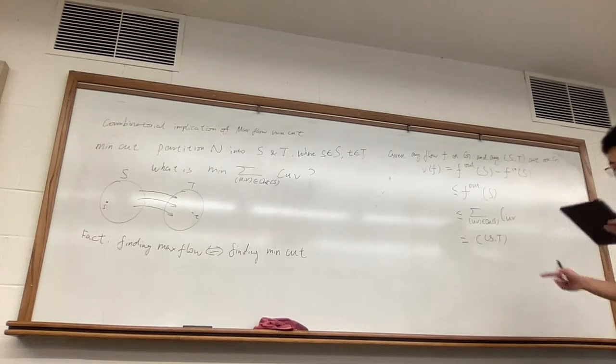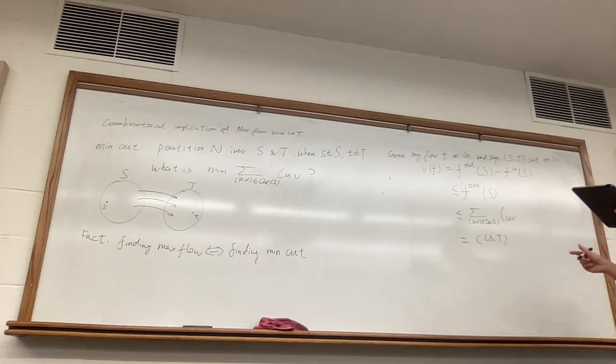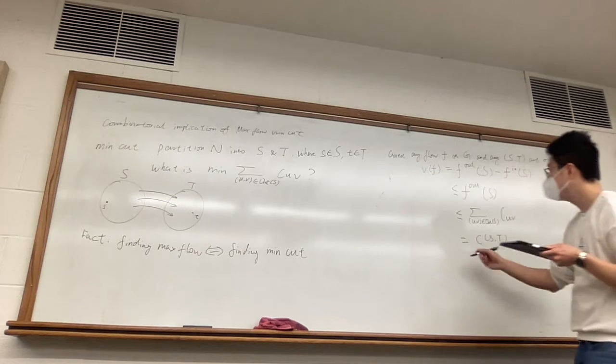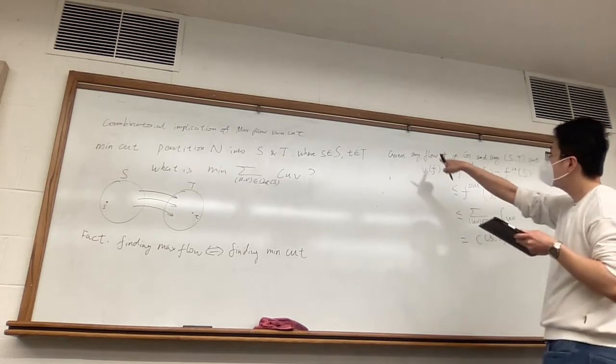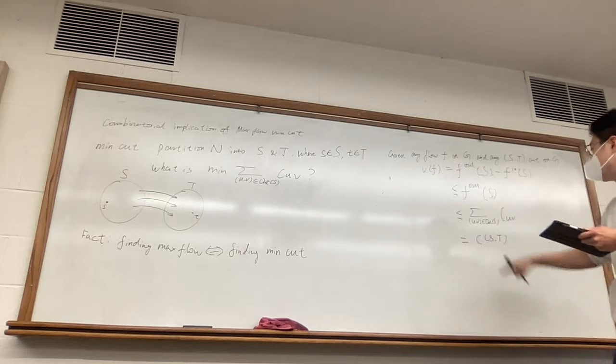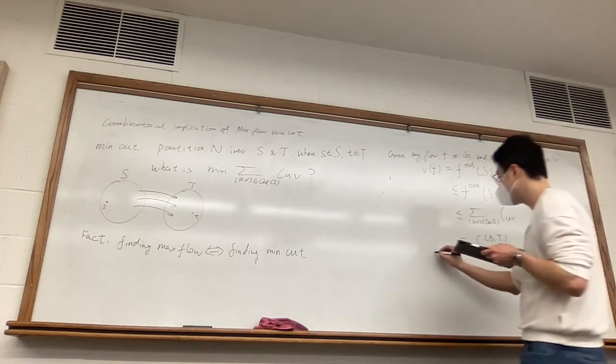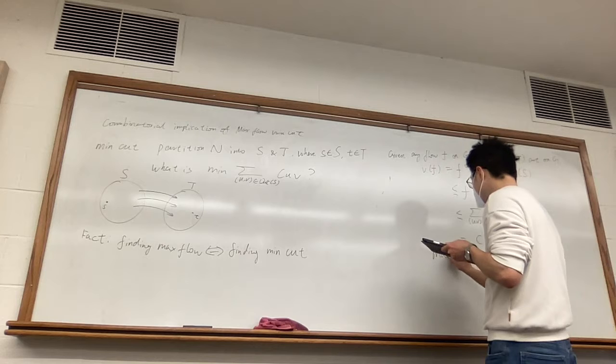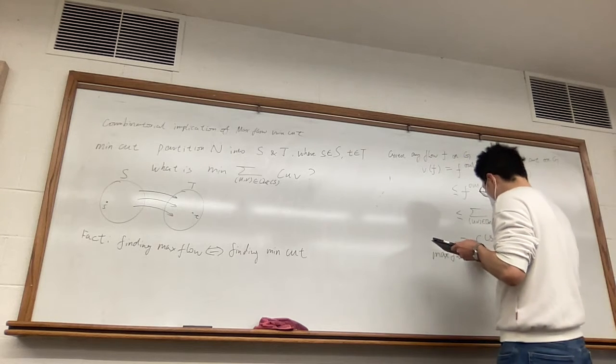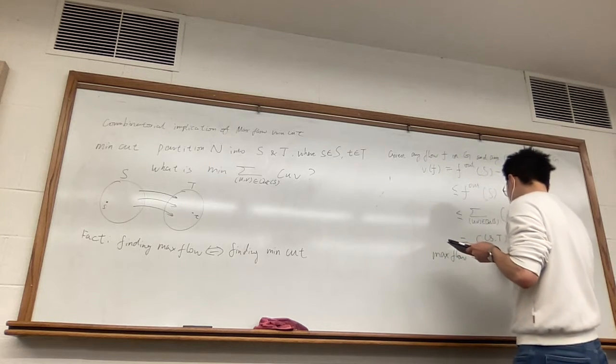So the flow is less than or equal to the capacity of a cut. Any flow is less than or equal to the value of any s-t cut. So what we can say is that max flow is less than or equal to min cut.